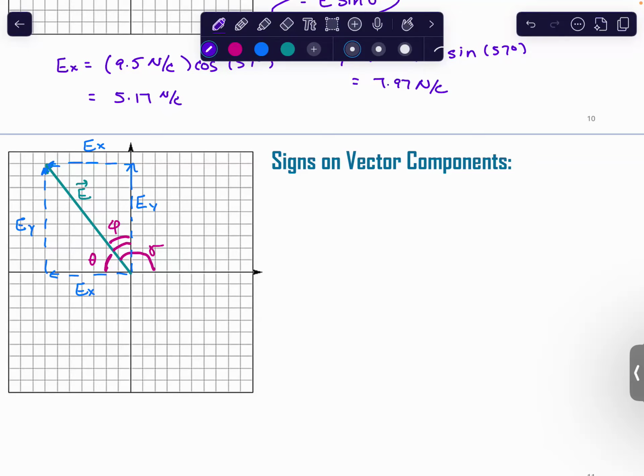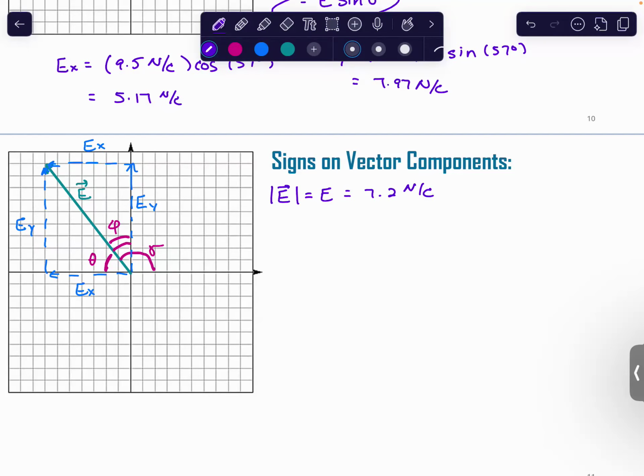Now, 2 ways to look at magnitude. I just want you to realize what these mean. So one way that you can actually write magnitude is like that. The magnitude of the electric field is just your symbol without your arrow. And in this case, we're going to make it 7.2 newtons per coulomb.